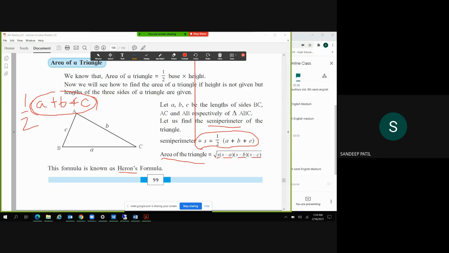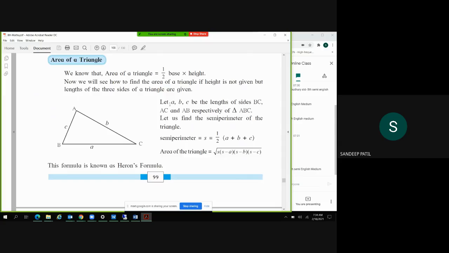So if you know only the sides, and you don't know the base and height, you can still calculate the area of the triangle. Okay, let's go ahead.